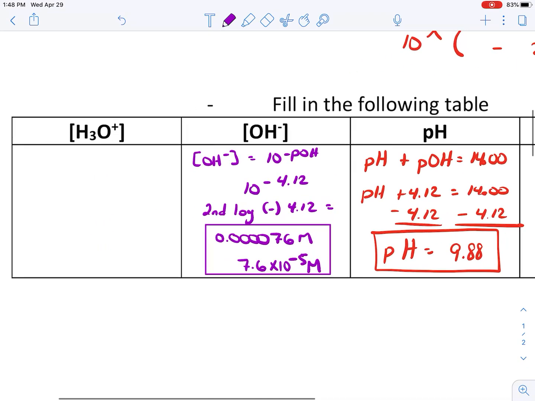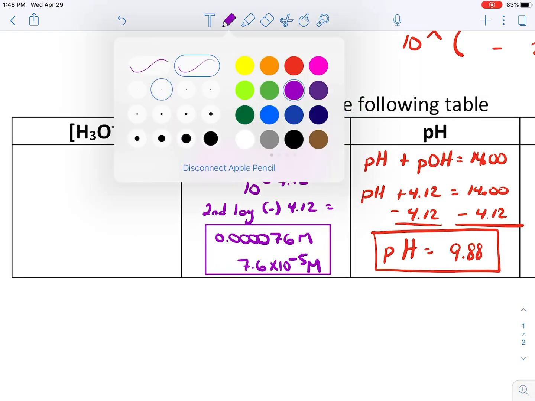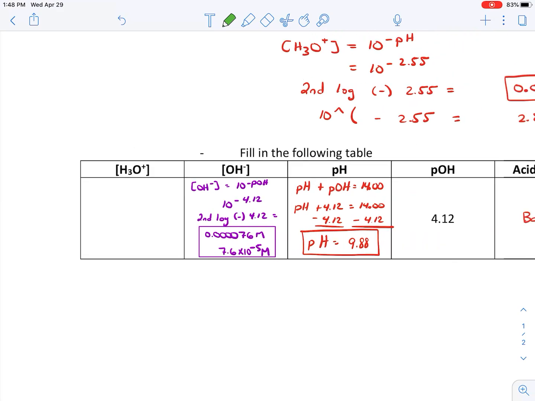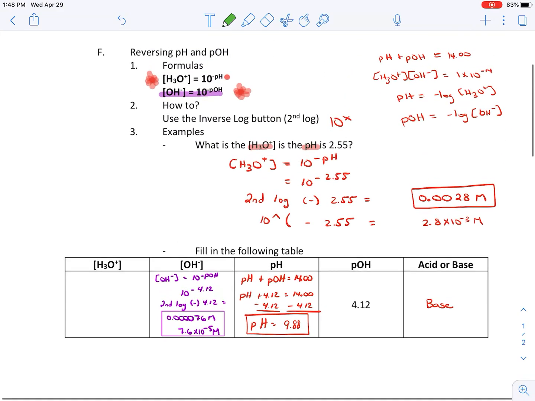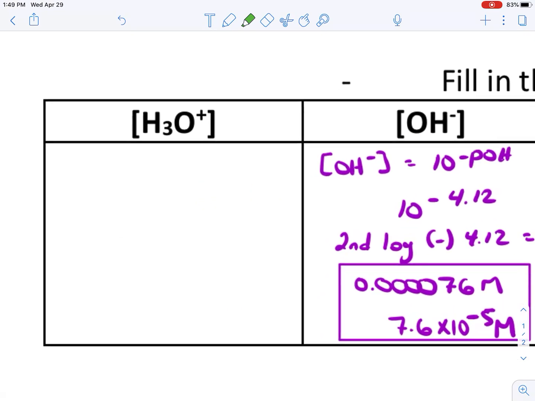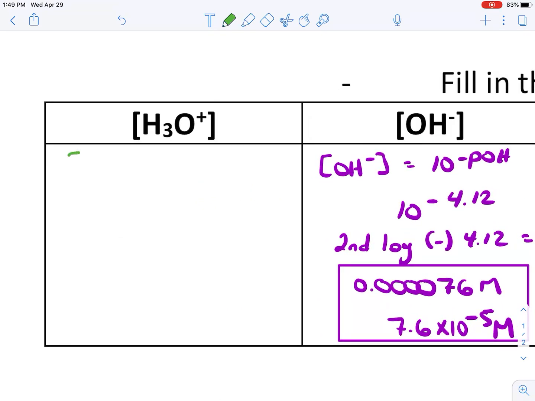We have our hydronium ion concentration, and we're trying to find it from our pH. So we can use this top equation here, which is hydronium ion concentration is equal to 10 to the negative pH.